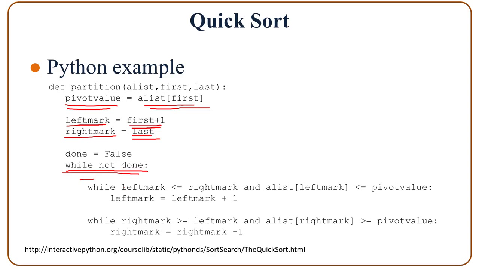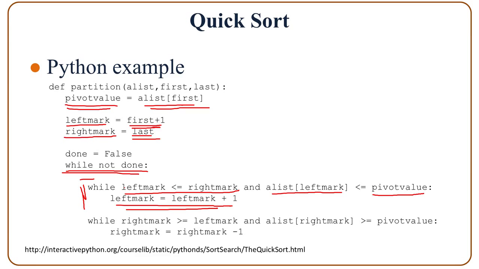The first loop moves the left mark to the right. So as long as the left mark hasn't crossed the right mark and the element at the left mark is still less than the pivot, we keep moving the left mark to the right.